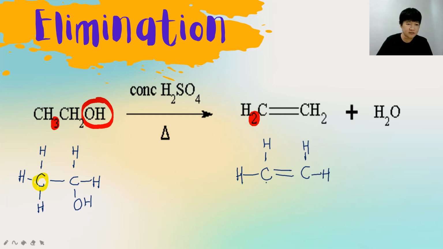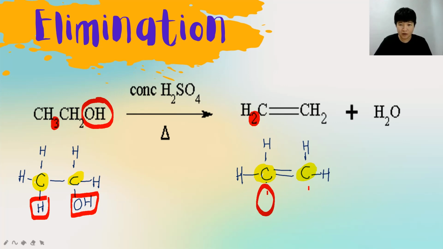Look at the changes that happen to both of these carbons. The first carbon loses one hydrogen. The second carbon is losing OH. Can you see that? The hydrogen and the OH are gone and become a double bond.